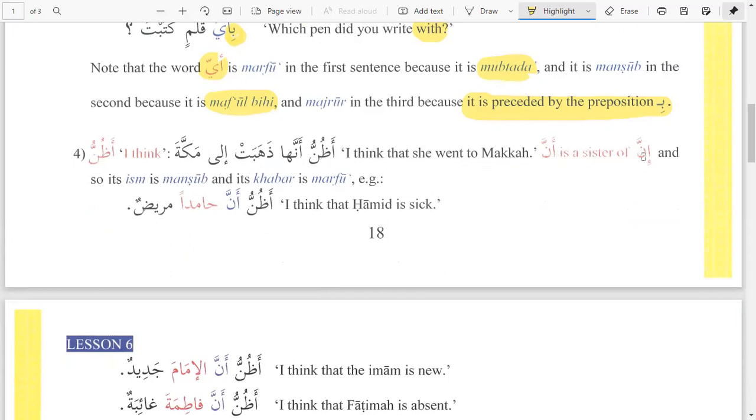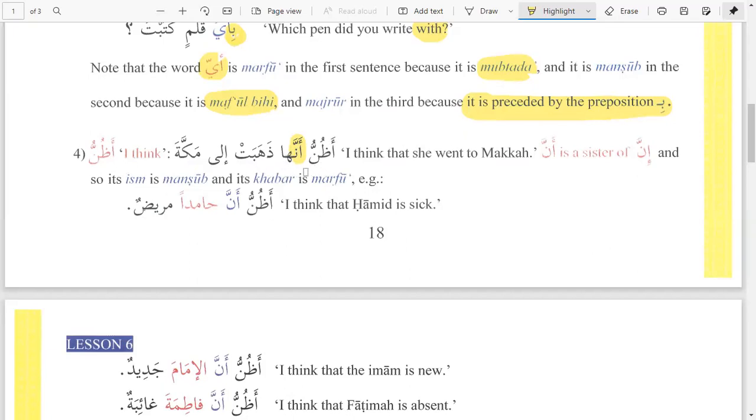Anna is a sister of Inna, and so its ism is mansoob. We have learned about inna, and this is one of its sisters. We learned that the ism of inna is mansoob, and we call it ismu inna.